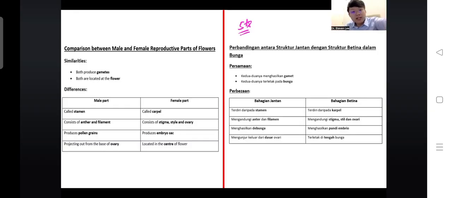Carpel has stigma, style, ovary. Anther produces pollen grain. The stamen has pollen grain, and the carpel has the embryo sac. One is in the middle, the dominant ladies. The males are all at the side, coming out from the base of the ovary.